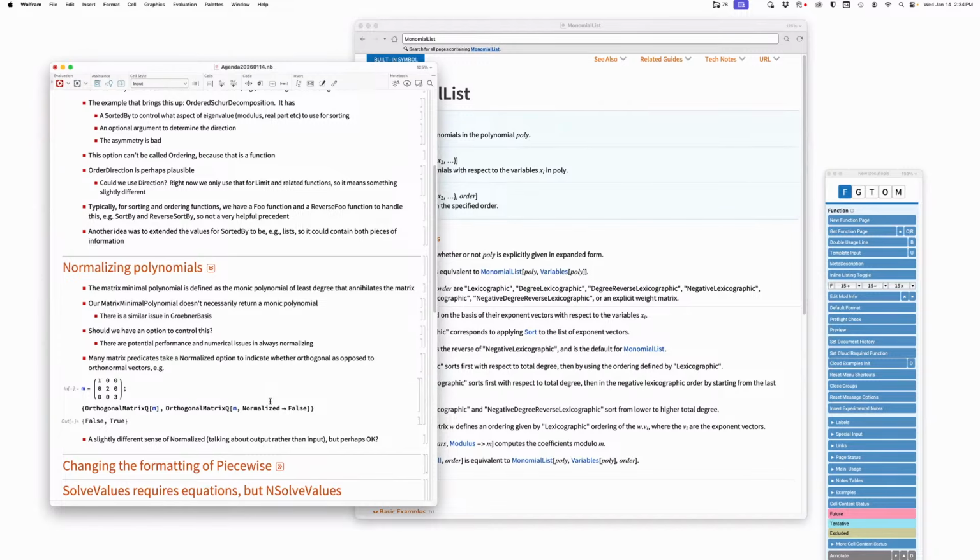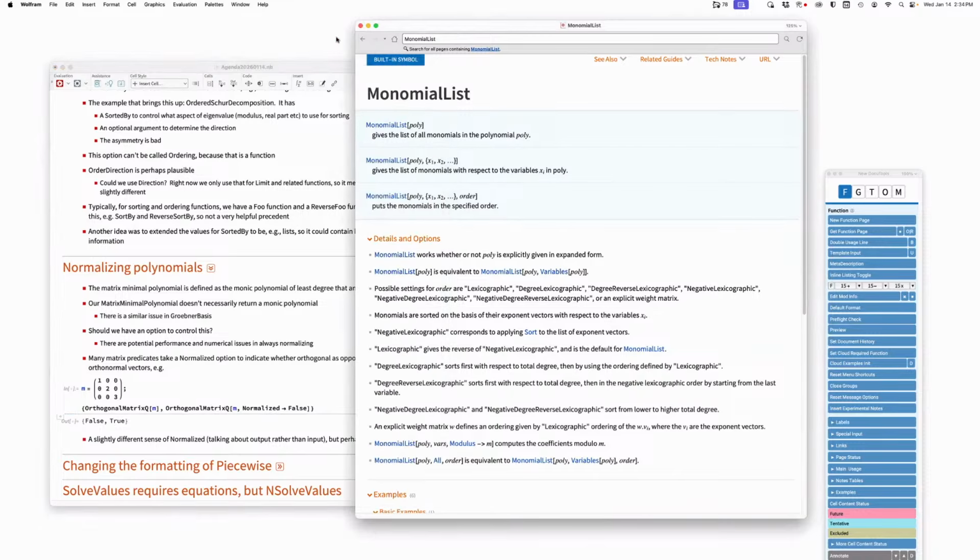Just maybe explain this to me again. I don't understand what this is doing. All right. So this is an example of the option normalize that we have in a bunch of matrix predicates that loosens the restriction.